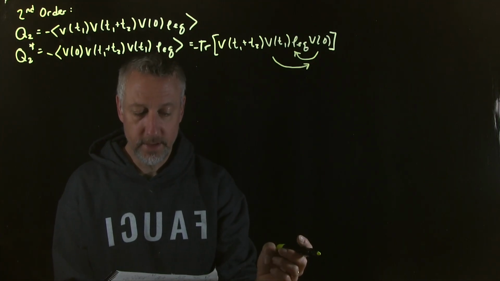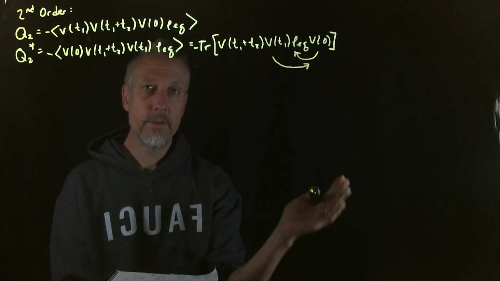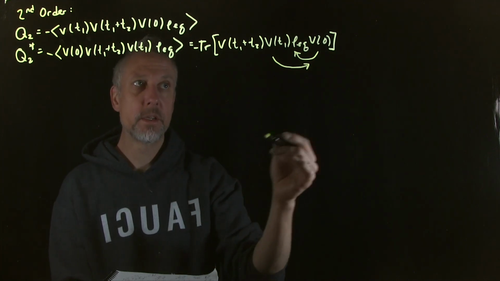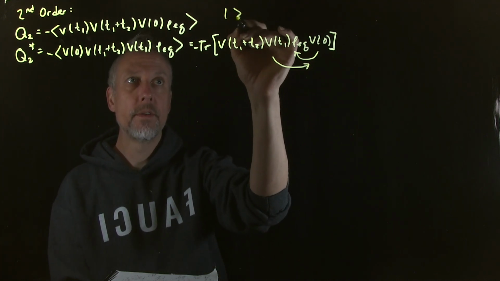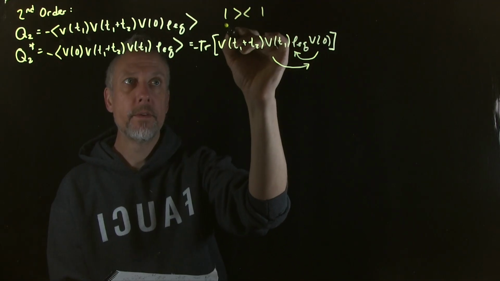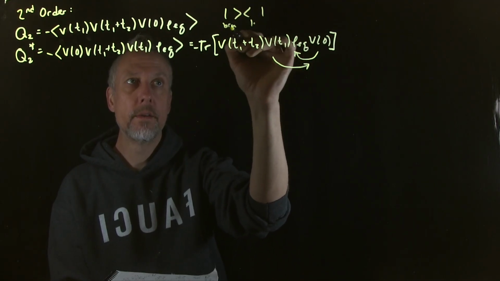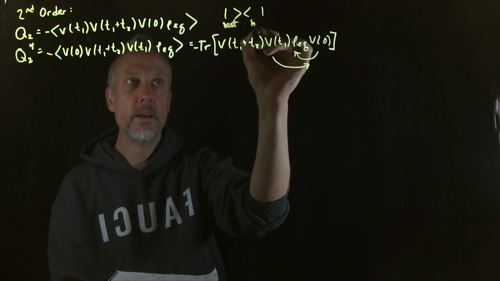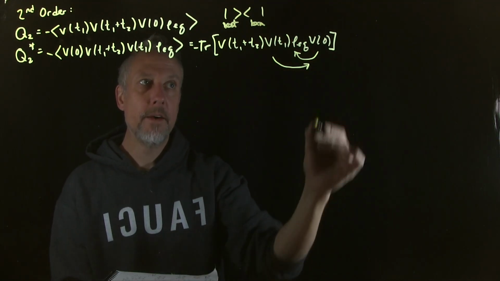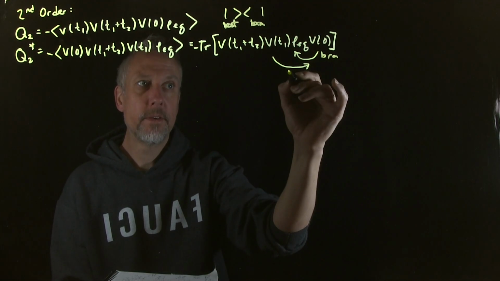So you can actually say, okay, it looks like I'm going to have a right operation and a left operation. Just to remind ourselves, this is the bra, this is the ket, sorry, this is the bra. So we're going to have a bra side interaction here and a ket side interaction here.